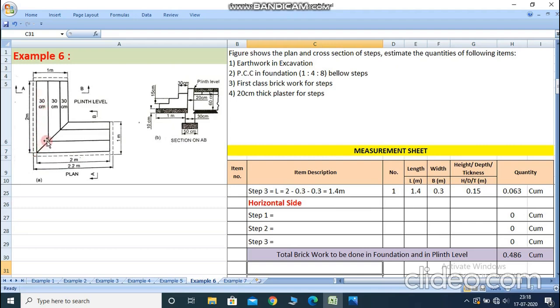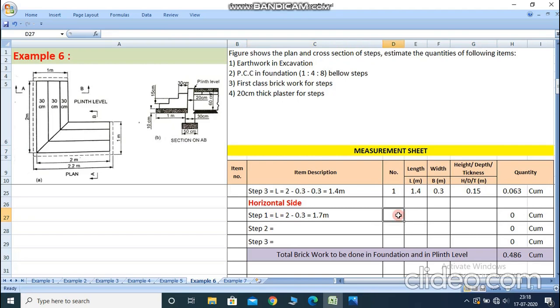Clear? So from this point to another corner point, total length is 2 minus 0.3, because this portion is already calculated in the vertical part. So length for step 1 is equal to 2 minus 0.3 is equal to 1.7 meter.